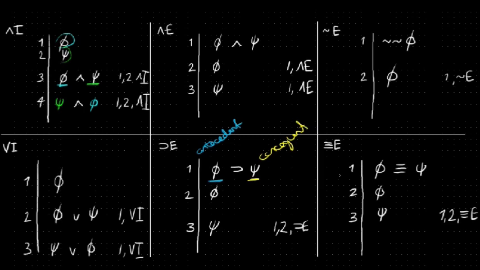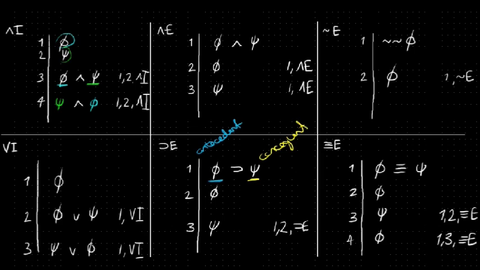It's really expressing phi entails psi and psi entails phi. These two are logically equivalent, so if one is true then the other is. So that means that if we knew psi, then we would be able to derive phi. So here I'll leave phi here, but just show that if we had phi on line 3, we could use 1 and 3 to derive phi here, using our biconditional elimination rule.